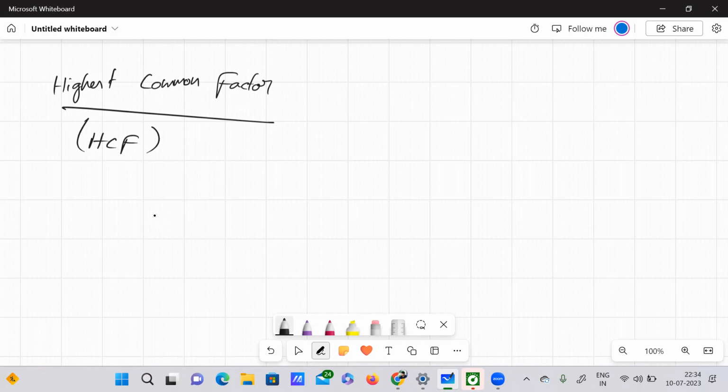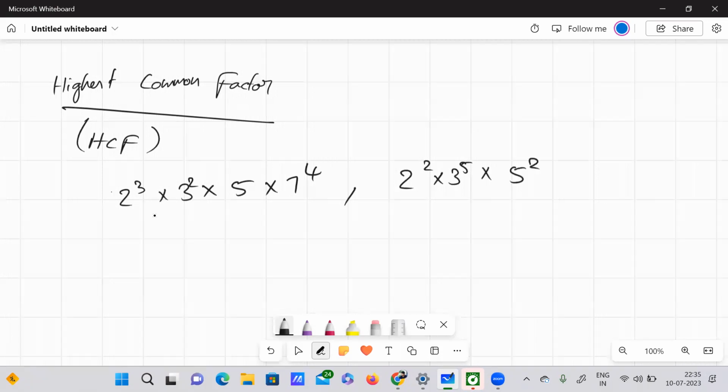For example, we want to find the HCF of 2 to the power of 3 into 3 square into 5 into 7 to the power of 4, and also we have 2 to the power of 2, 3 to the power of 5 and 5 square, and also we have 7 cube, and also we have 2 to the power of 3 into 5 to the power of 3 into 7 square.